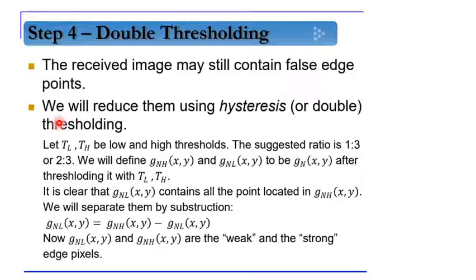We are going to apply thresholding to find out which are the false edge points in the image gn(x,y) that we have created, and we are going to reduce them using something called hysteresis thresholding. We already know what thresholding is. In thresholding, we first decide on one threshold value, and whatever pixels are above that threshold we assign value 1, and all the pixels below we assign value 0.